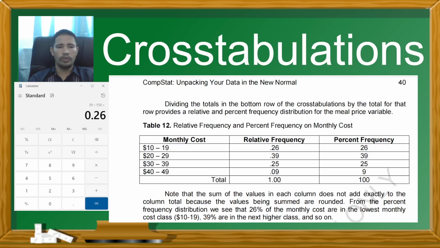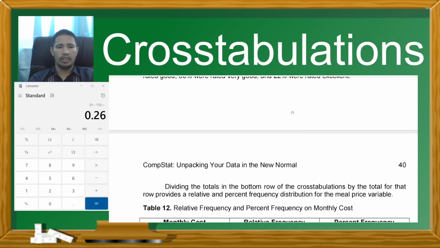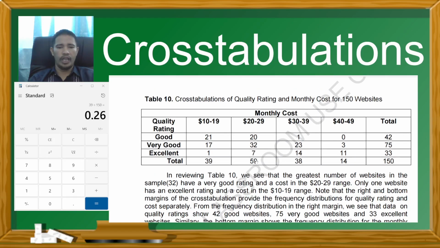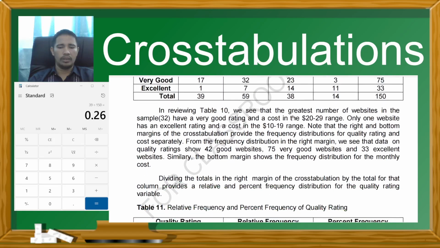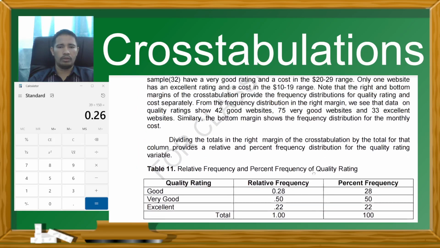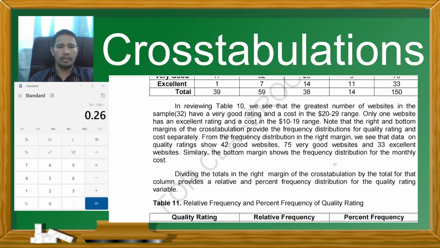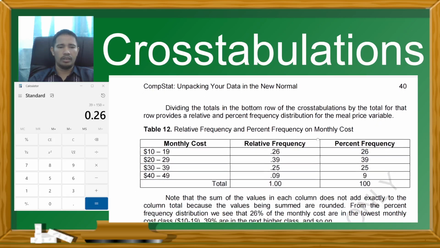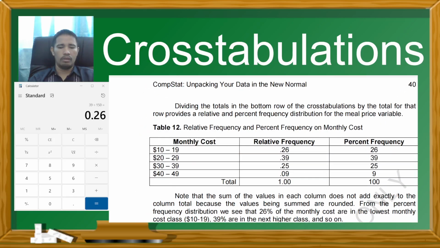And you're going to compute also for the others: 59 divided by 150, 38 divided by 150, and 14 divided by 150. So 59 divided by 150 equals 0.39.